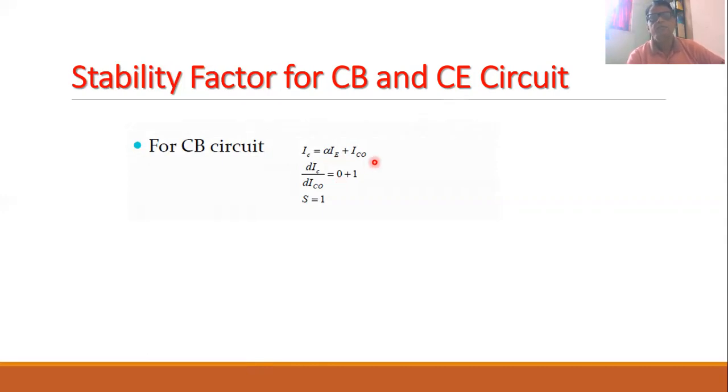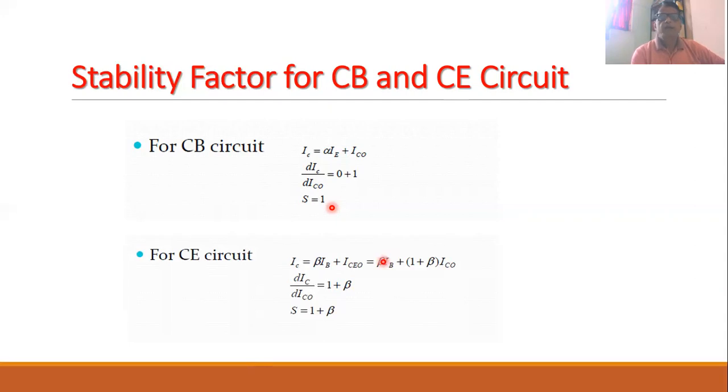And when ICO is differentiated with respect to ICO itself, it gives the value 1. Therefore, for common base circuit, the value of S is equal to 1. So as far as the stability factor or biasing stability is concerned, the common base circuits are the ideal choice.